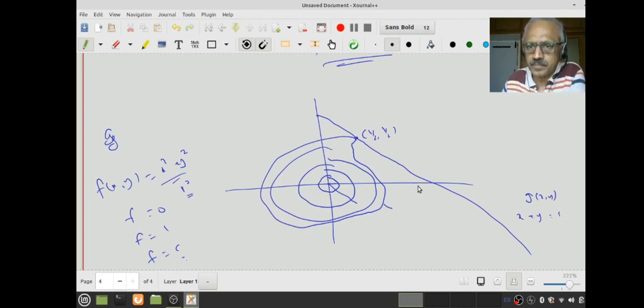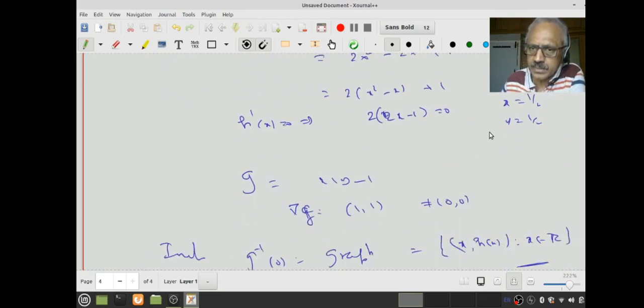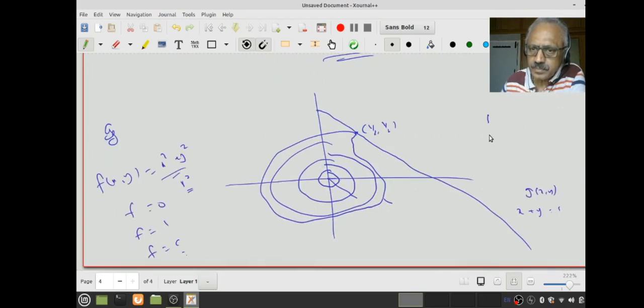Maybe I did something wrong there, but anyway you can do that. x equal to half, y equal to half, right? No, I'm doing x squared, y squared. Yeah, this is the point.